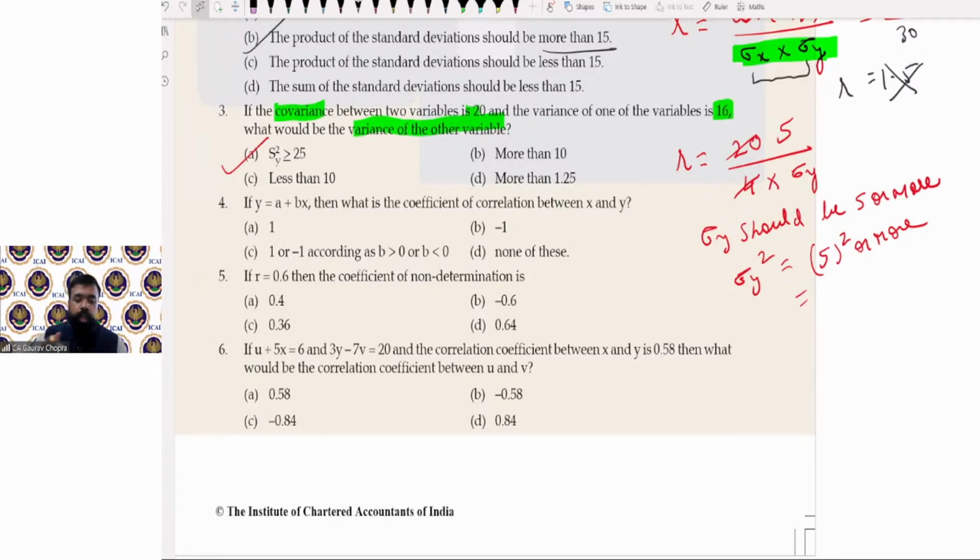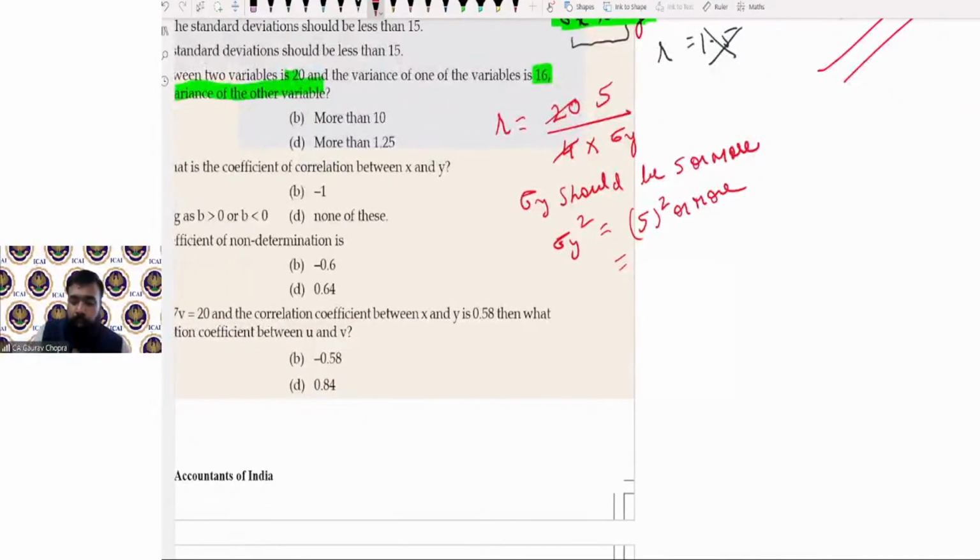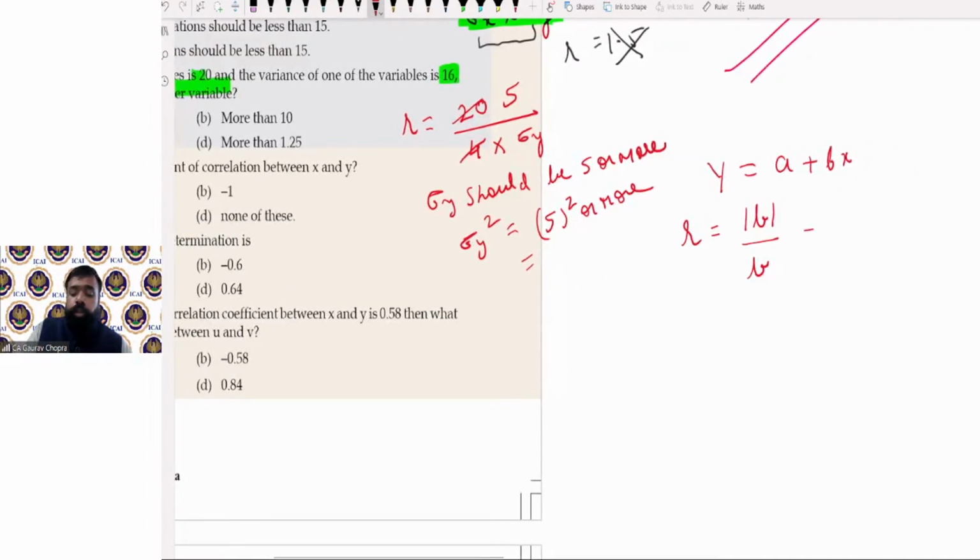1 and -1? See, in case of a single equation, how will we find correlation? y is equal to a plus bx. So in order to find the correlation, we have to use the formula mod b upon b, or you can write b upon mod b, one and the same thing. So if the value of b is negative, let's take b as -4. If b is -4, then what will be the result? 4 upon -4 will give us -1.